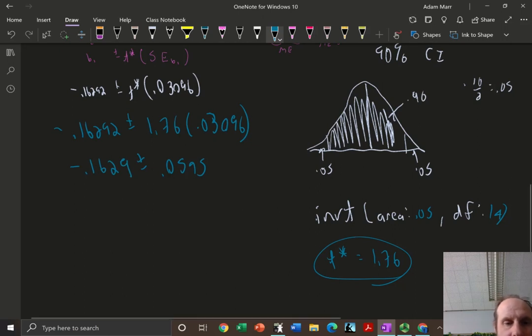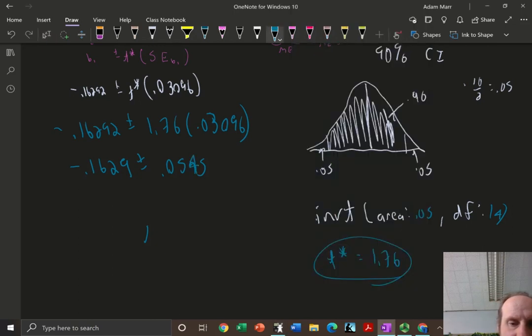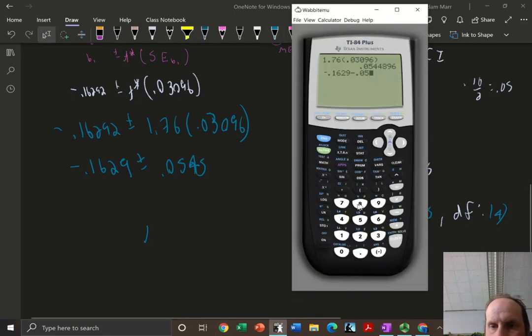That's fine. All right. So we have a confidence interval, right? We're going to figure out, let's see, the low one is going to be negative 0.1629 minus 0.0545. I've got to write better here. So it's negative 0.2174.